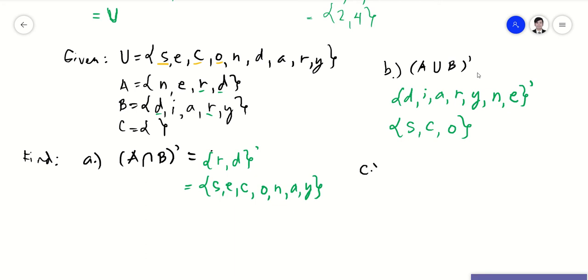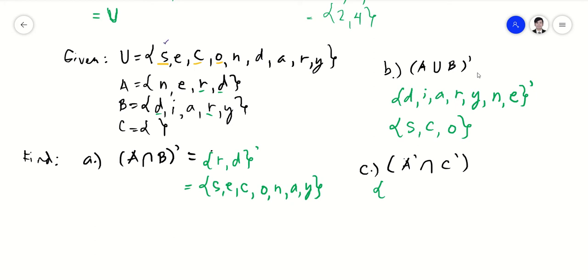Then our last example, we have the intersection of the complement of A and the complement of C. So what we need to find first here would be the complement of each set. So the complement of set A, looking at it, the elements that are in A are what? Okay, I'll use another color.